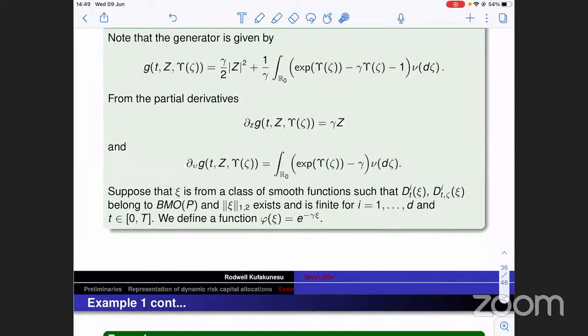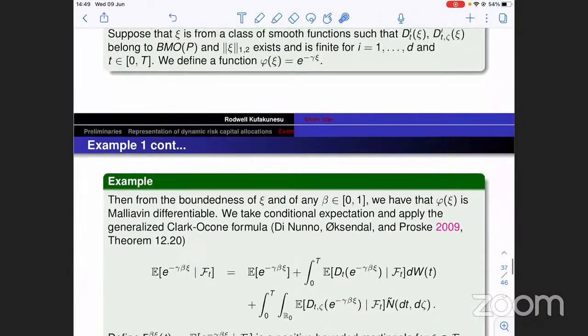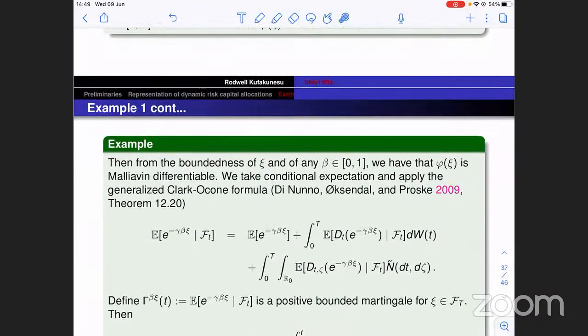And suppose the classical smooth function belongs to D, then this norm exists and is finite. If we define our function e to the power minus gamma epsilon, then the boundedness of this, because it lives in a compact space, and for any beta, this is Malliavin differentiable.